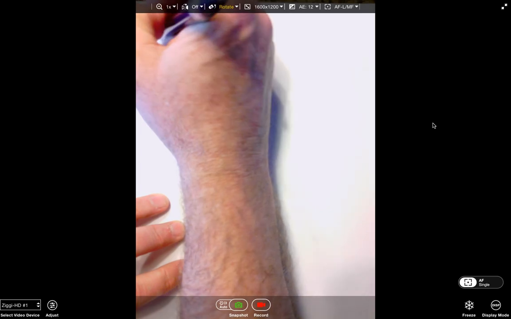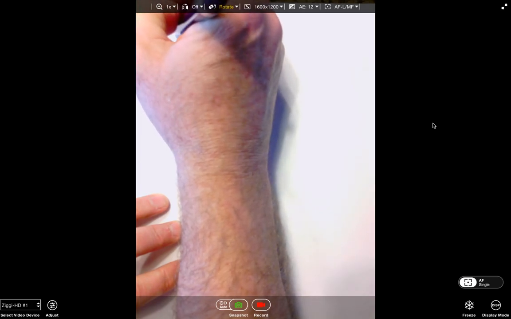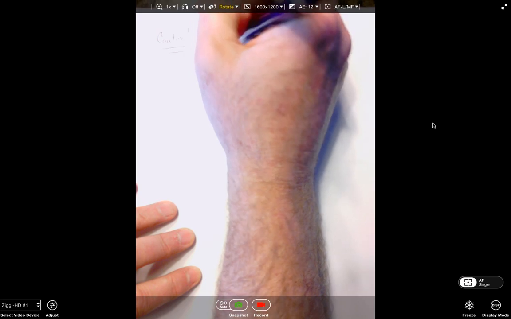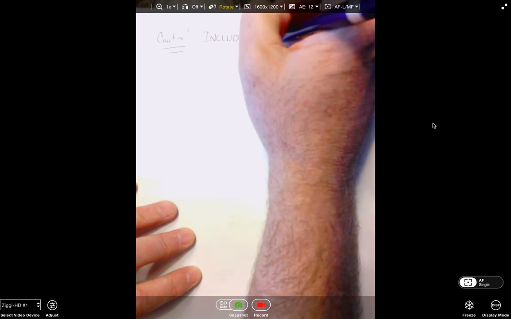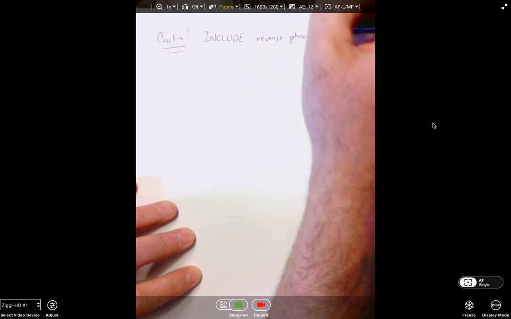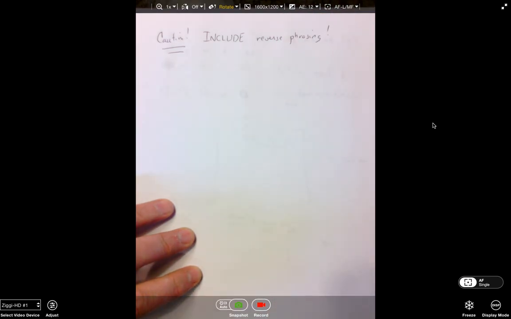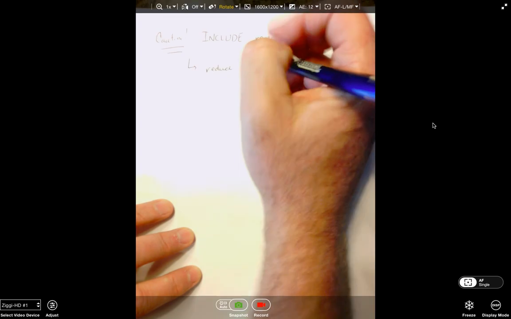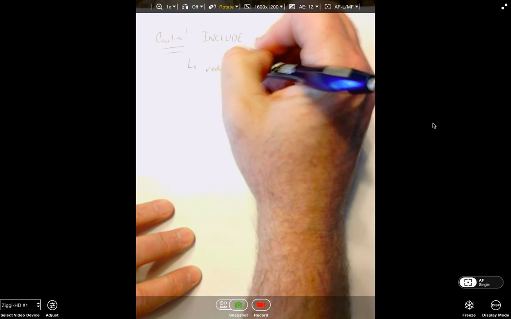Now, I will tell you, it's kind of a caution here. I don't want you to get carried away with this reverse phrasing. Include reverse phrasing in every survey or instrument, because it's the best way in the world to reduce response bias.